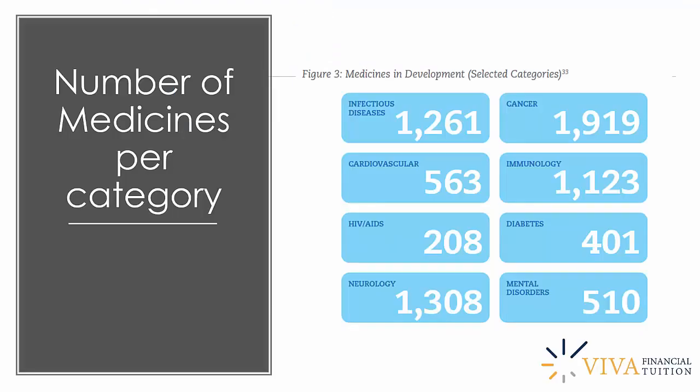Notwithstanding the fact that cancer isn't actually the most profitable category from the perspective of a pharmaceutical company, it is nevertheless the case that most medicines in the pipeline are actually for cancer. And that might to some extent belie the perception that the only concern pharmaceutical companies have is profit.